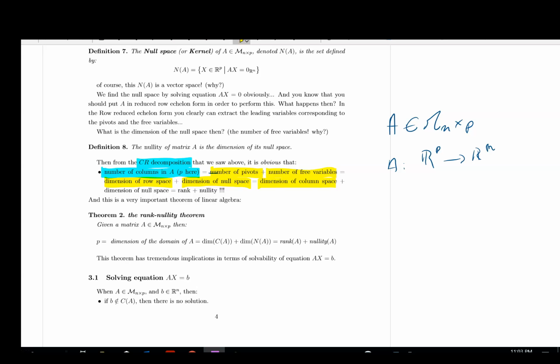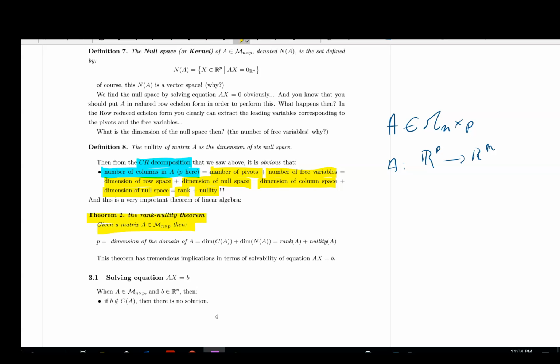This is something we really obtained from the CR decomposition, plus again the dimension of the null space. So what does that give us? This is equal to what's called the rank, the dimension of the column space, plus the nullity, the dimension of the null space. So here we are, the rank nullity theorem.